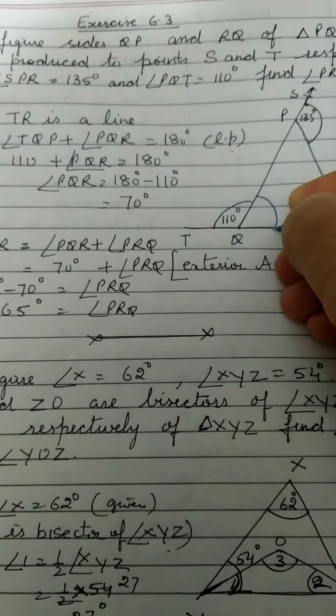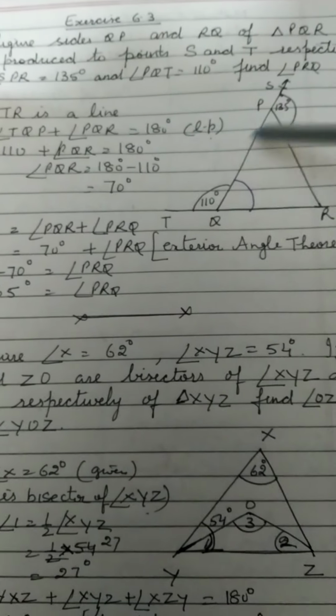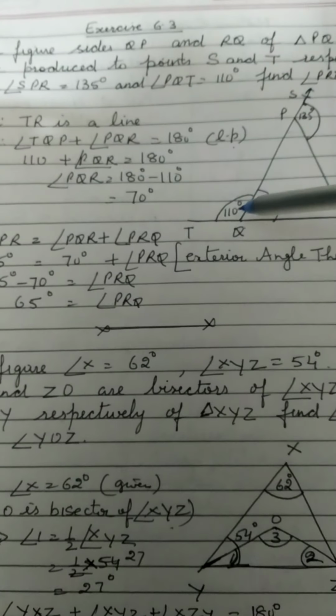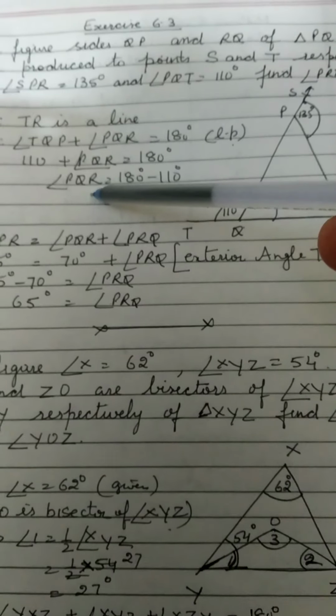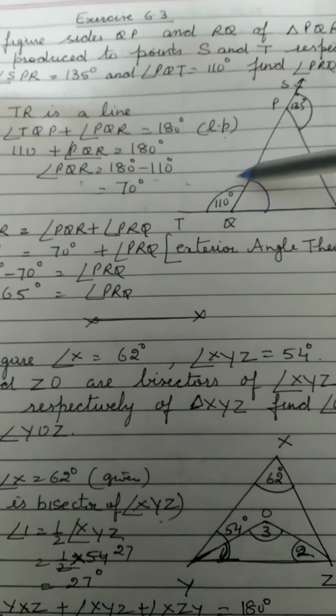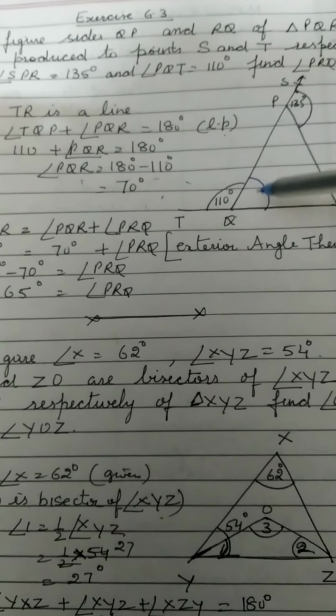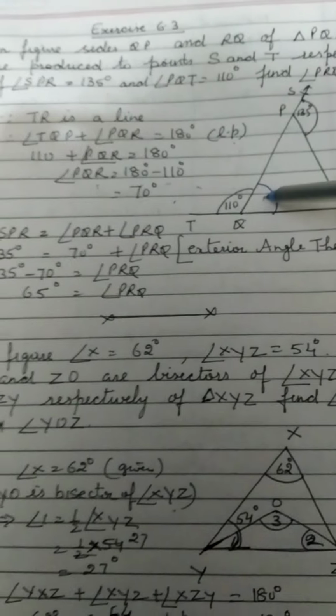PQR is this angle. Then angle PQR is equal to 180 minus 110, because TQP was 110, it is equal to 70. Then we have got this angle as 70 degree.